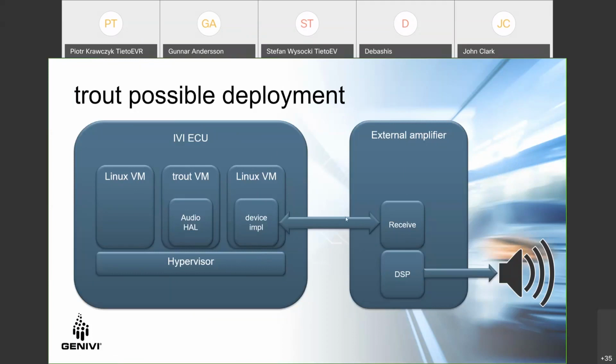The communication will be served by a hypervisor of a chosen brand, and you can connect it to an external amplifier. With such a setup, Trout is an Android that is almost completely hardware independent and can be quite nicely switched from one hardware to another. That's the idea. Maybe this is kind of a utopia, but still, this is quite a nice idea.